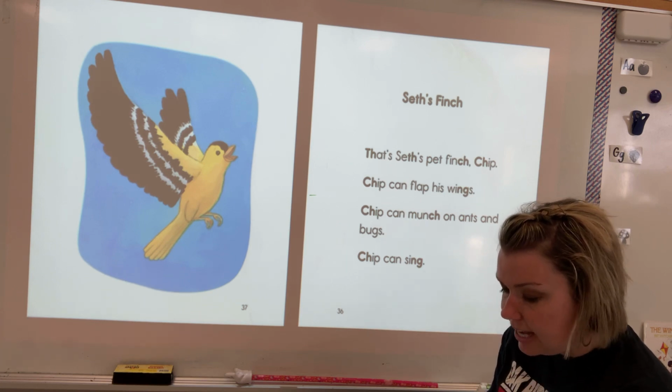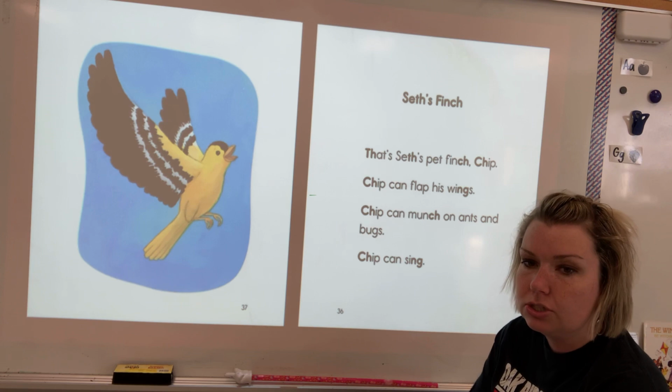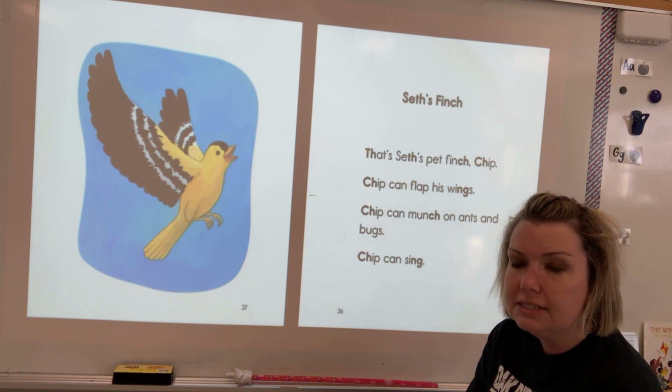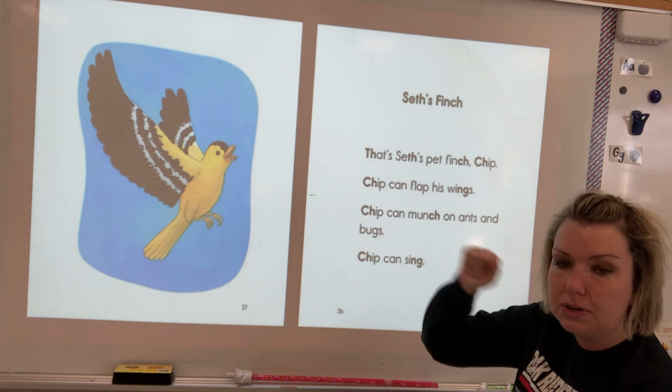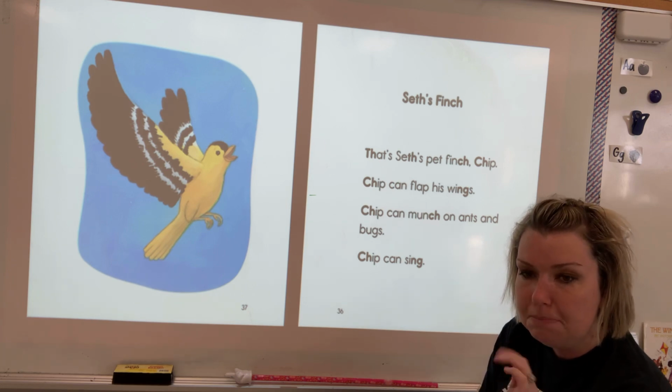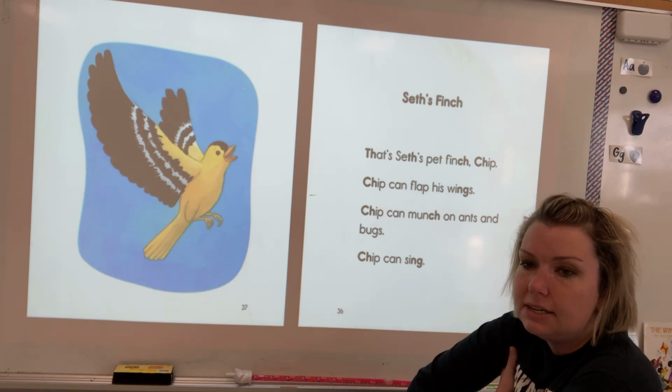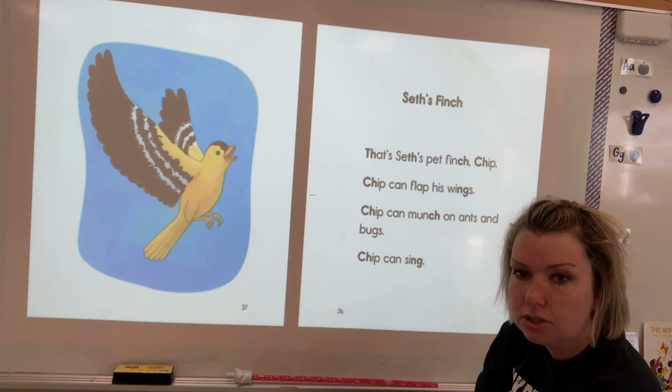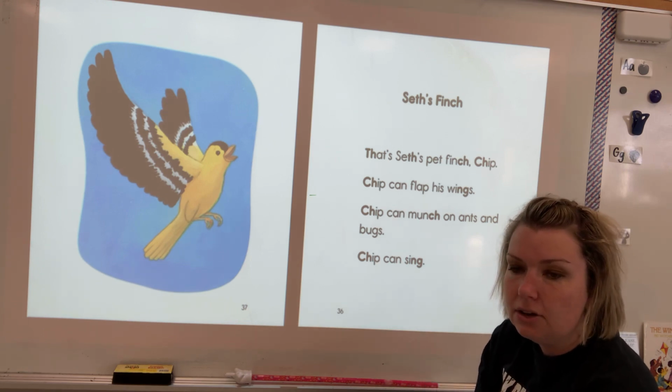Describe what Seth's pet finch looks like. What does it look like? Pretend like I don't have an illustration. Describe with your words, paint a picture with your words. What does the pet finch look like? Carolyn.